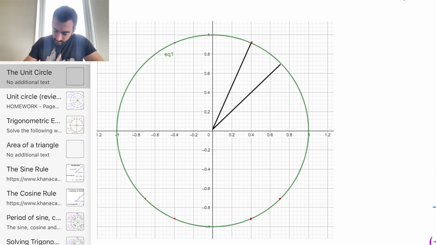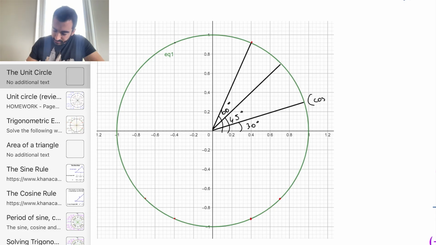So 30 degrees, 45 degrees, and 60 degrees. So remember, first we have the cosine theta and then the sine theta.